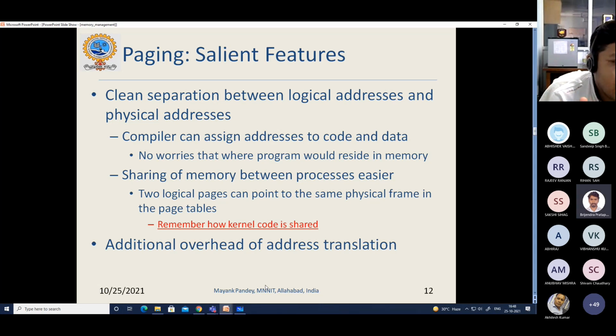Because we have only one copy of the kernel in main memory, the lower part of the virtual address space of every process points to the same main memory address. Two logical pages can point to the same physical frame in the page table, and that is how kernel code, or any reentrant code, can be shared. Obviously, there is additional overhead of address translation.